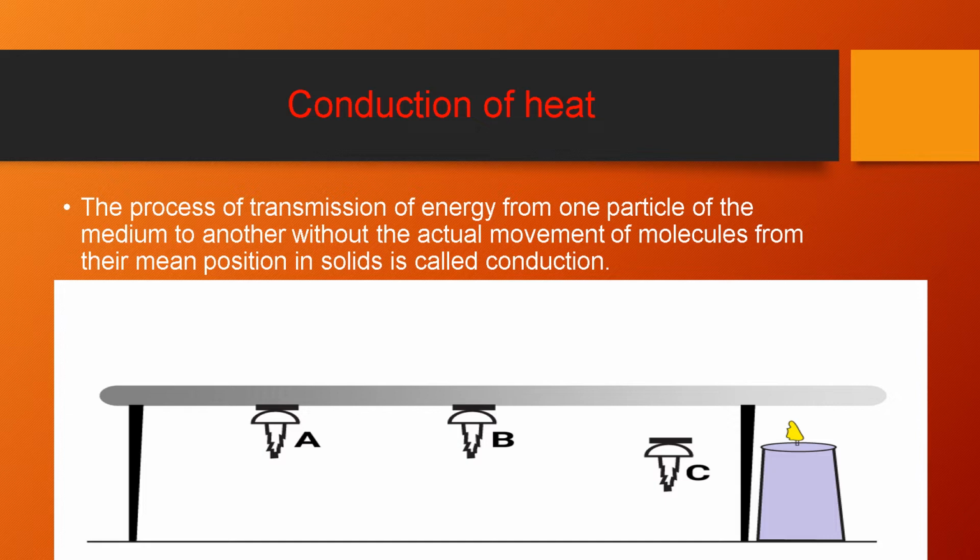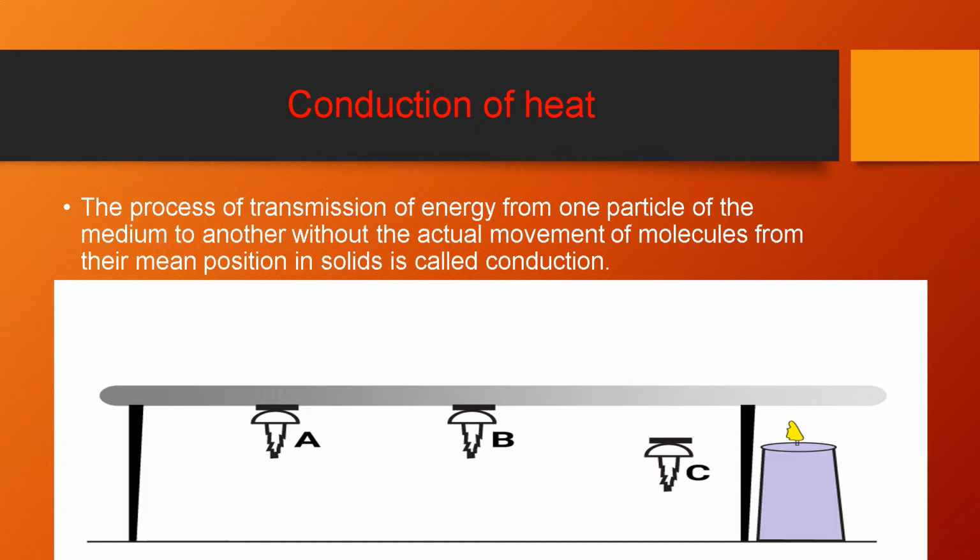When we talk about conduction here, as I told you, in the vessel when you are cooking the food and the long spoon is partially dipped into the cooking food, as the food is getting heated by the burning fuel, part of the heat energy is absorbed by the spoon which is dipped in the food.